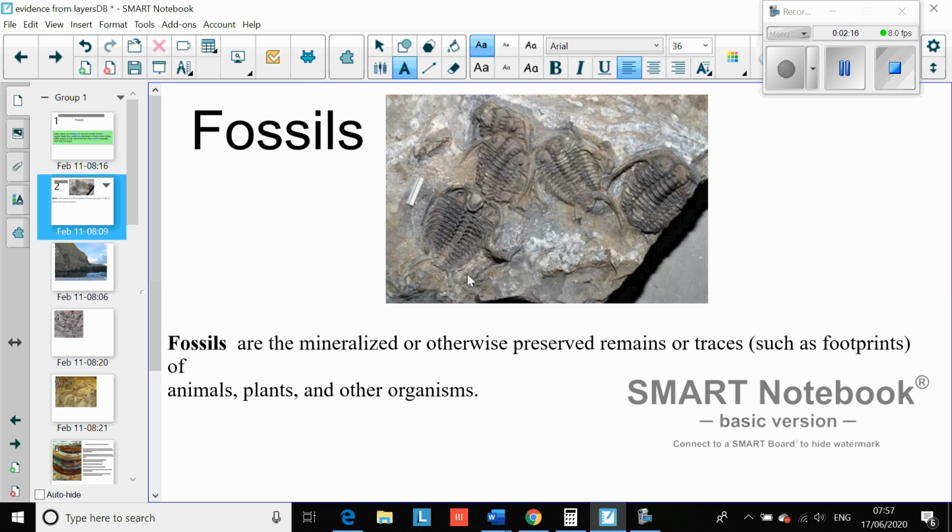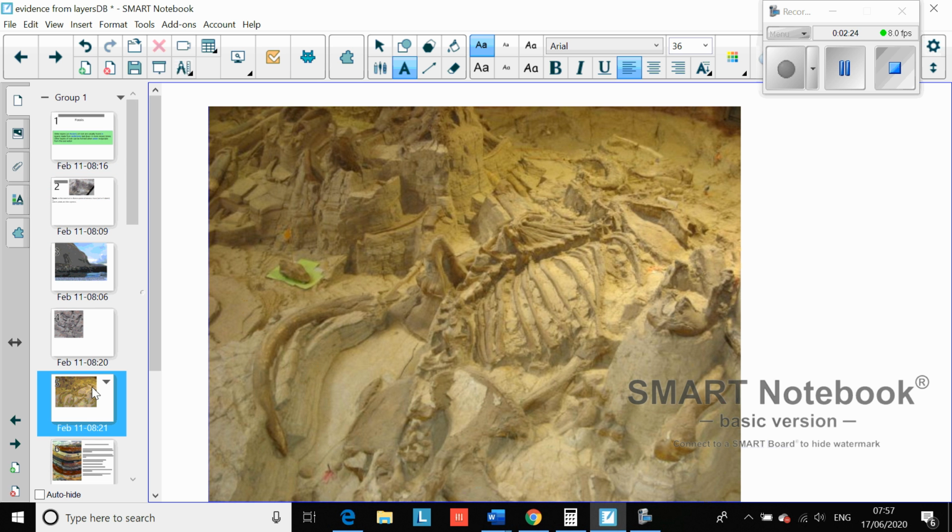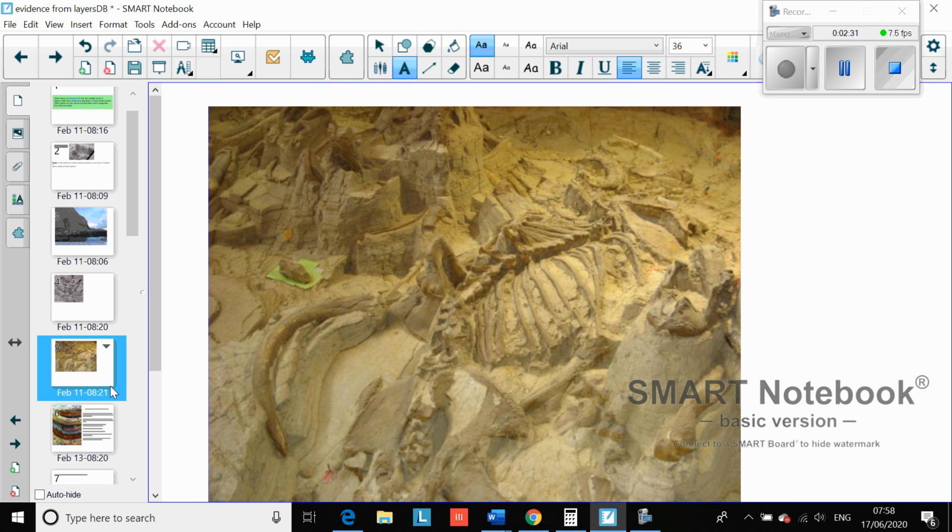They're essentially the same material as the stone which surrounds them. These are very ancient creatures called trilobites, and they're about 500 million years old. So, this is an example of a dinosaur fossil. And if we keep going down, we can look at how we got fossils.